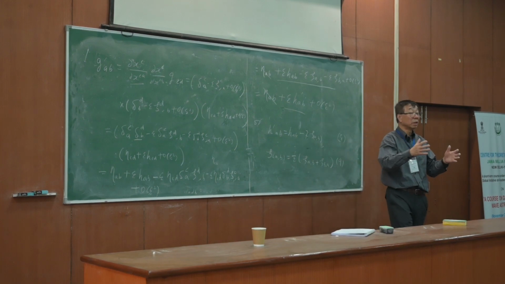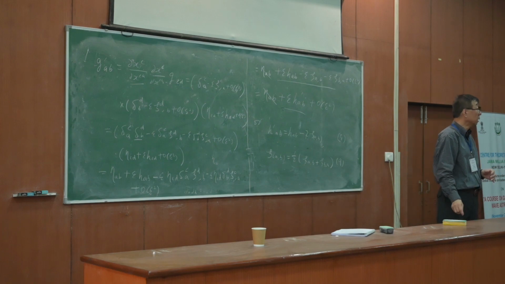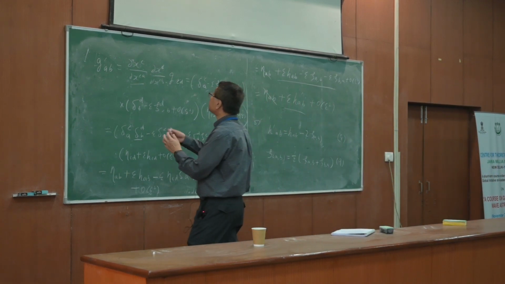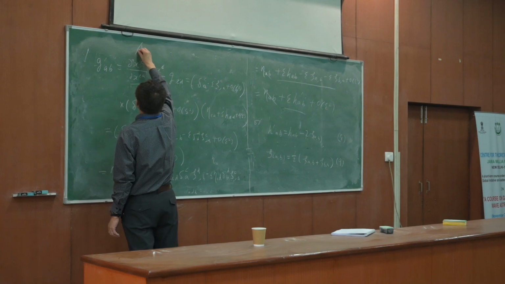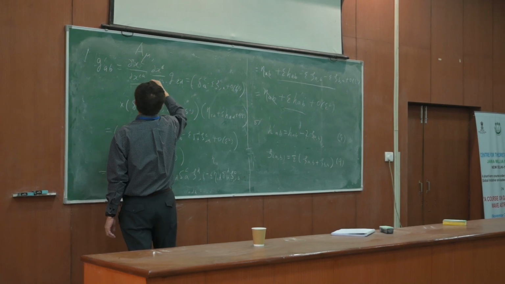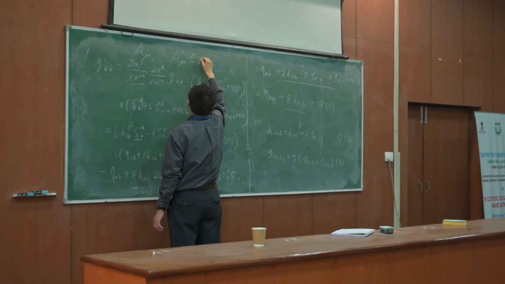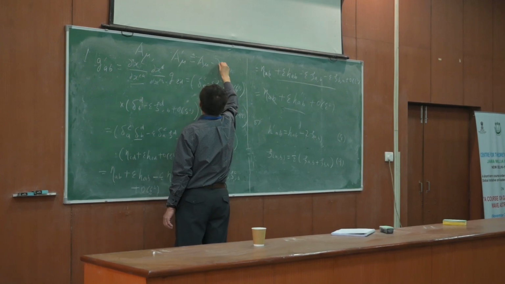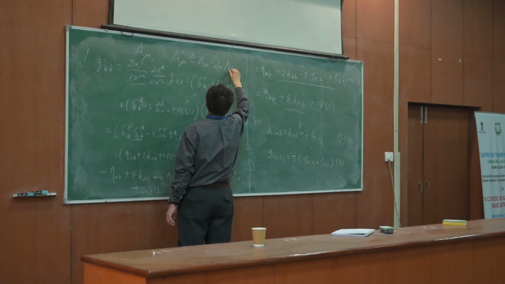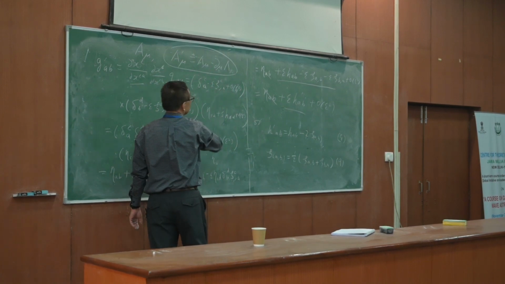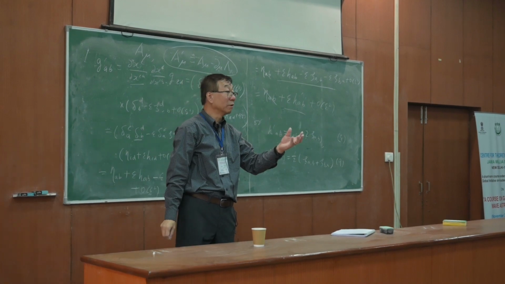Like you already learned in electromagnetism, we have Lorentz gauge freedom. If you use four-potentials, my A'_mu equals your A_mu minus the partial derivative of lambda, where lambda is a function. These two describe the same electromagnetic field, right?